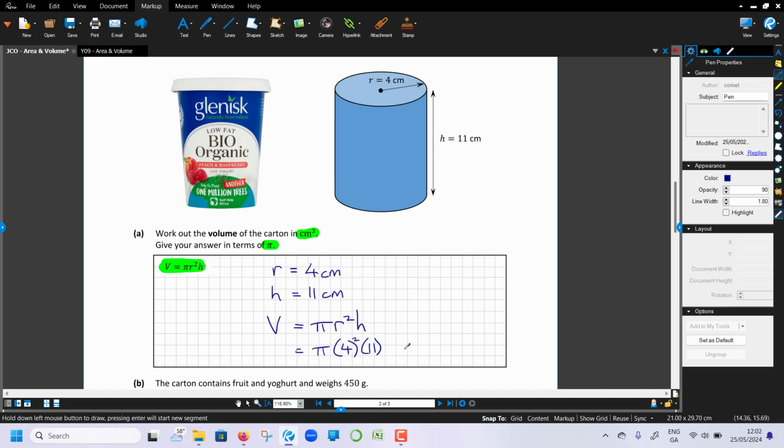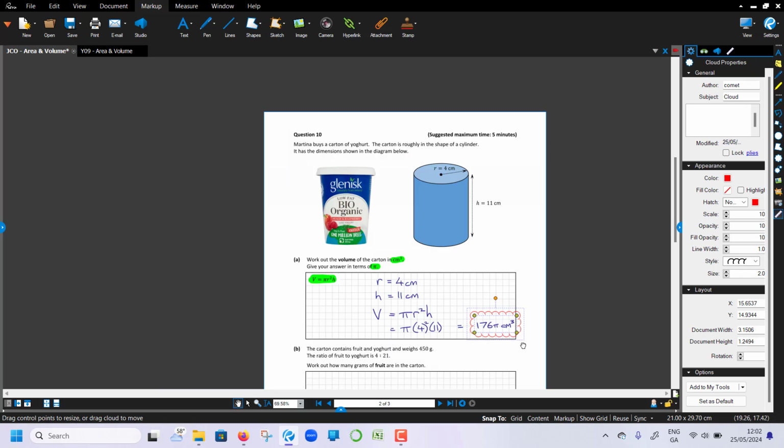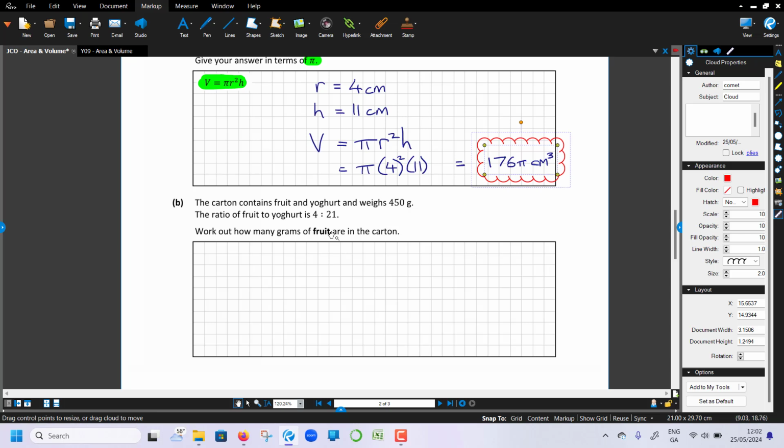You just leave it on the outside. 4 squared is 16. 16 times 11 is 176 pi. And then centimeters cubed, don't forget that. And that's it. Nothing to it. Ain't nothing to it but to do it. And that's that done. We move on.